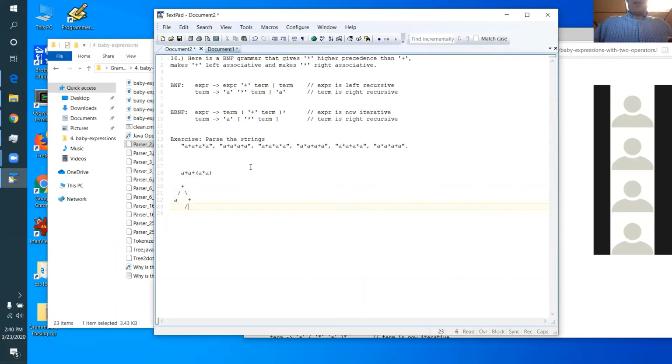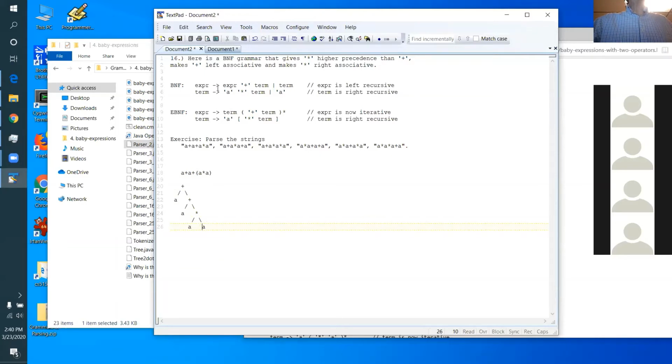To the left of that plus is an A. But on the right of this now is the times of A and A. So now we just parsed that by thinking about it.